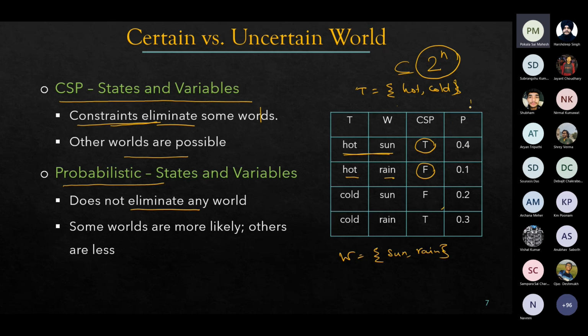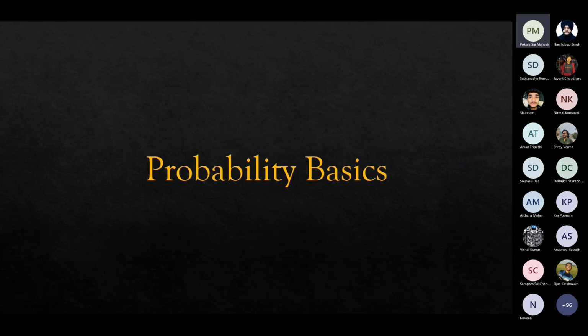But in the probabilistic sense, we can say that every world is valid, but the probability of hot and sunny is more than the probability of the world hot and rain, which is 0.1. So that is the kind of difference that we will be living with.